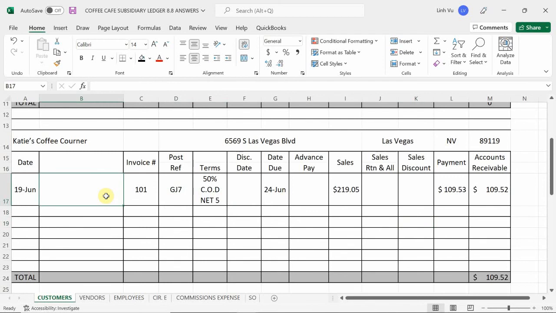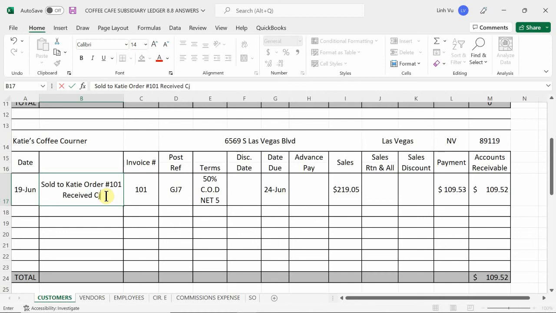Then you can also say we sold to Katie, order number 101, and check number 412. Okay, good. What else can we do?